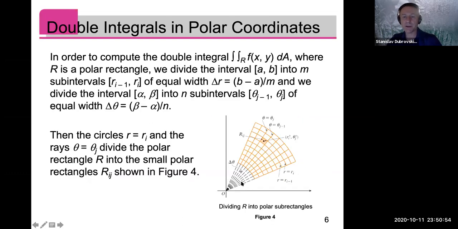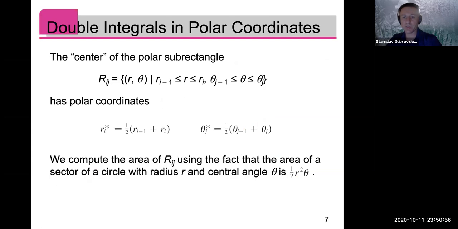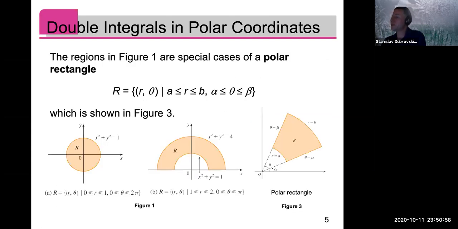So then, to understand, let's go back right here and understand the area of the polar rectangle, which lies like this between a and b. The area of R will be the difference between the outside sector and the inside sector. Inside sector we can cover in blue. So what is the outside sector?